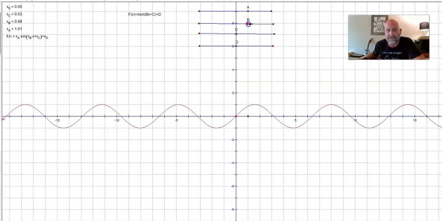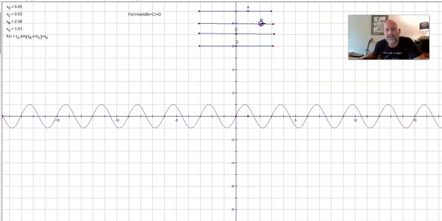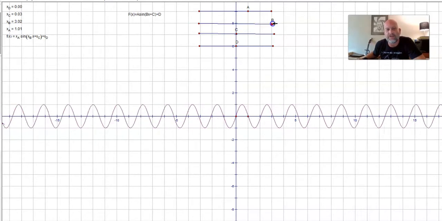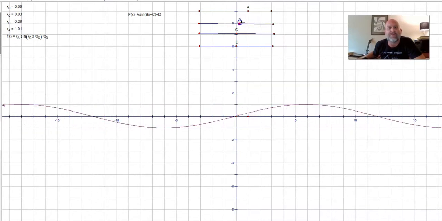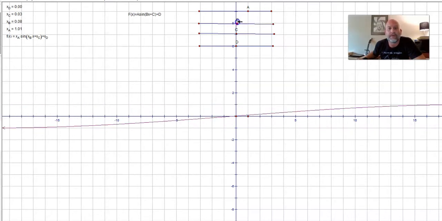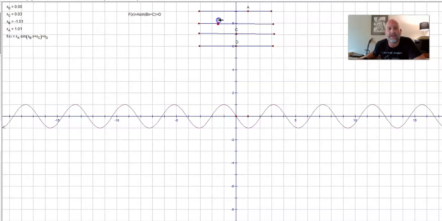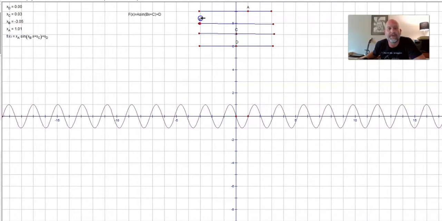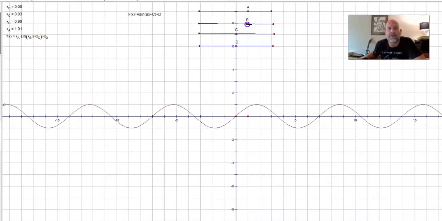So watch what happens as I move b to the right. You notice the thing shrinks. It pushes up towards the y-axis. The bigger b gets, the smaller the period. The closer b gets to 0, the more it stretches out, until it starts stretching the other way and pulls back in. Okay, so let's set b back to 1.